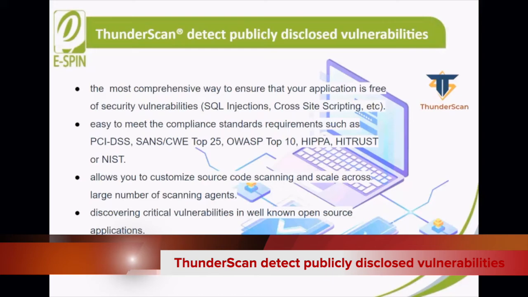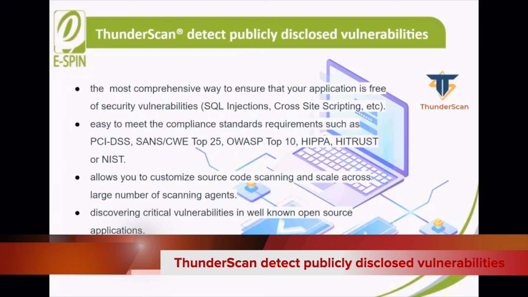Application source code analysis has proven consistently to be the most comprehensive way to ensure that your application is free of security vulnerabilities such as SQL injection, cross-site scripting, path directory traversal, code injection, and many more.